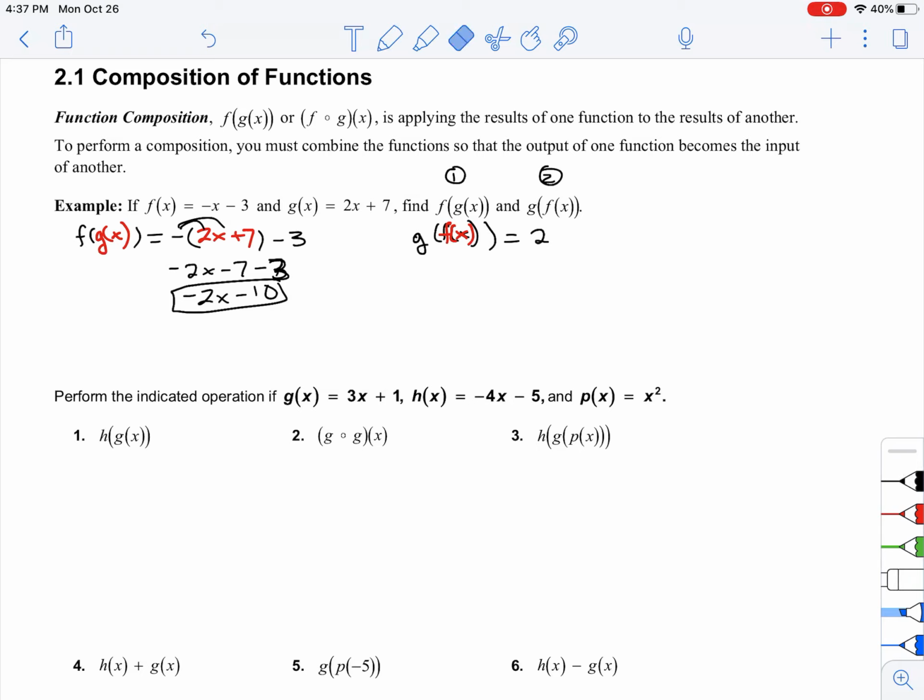Wherever there's the x, we're going to put a space plus 7. So f of x is negative x minus 3. After you get it all written out, you're going to simplify. So negative 2x minus 6 plus 7, combine like terms, negative 2x plus 1 is your final function.